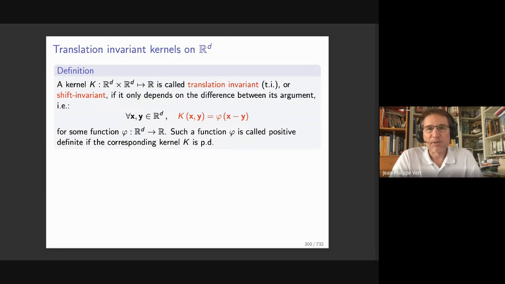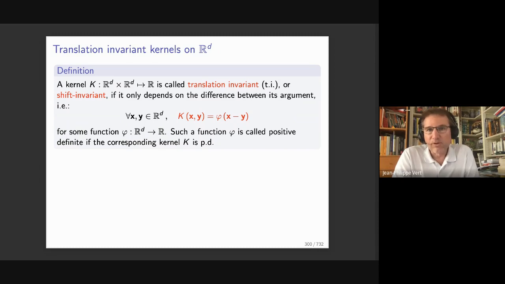All right, so let's try to make the same story, but replacing Z by R^d. So the same story means the same definition. We say that the kernel defined for real vectors is translation invariant, or shift invariant, if and only if it's a function of the difference. So if k of x, y is a function phi of x minus y, where x minus y is just the difference between the two vectors.